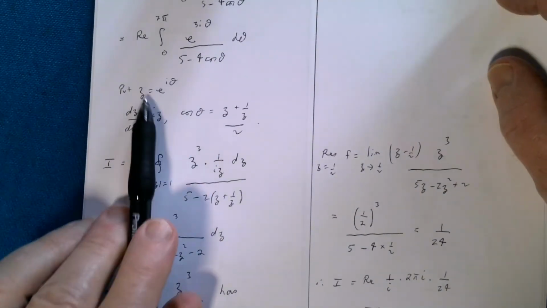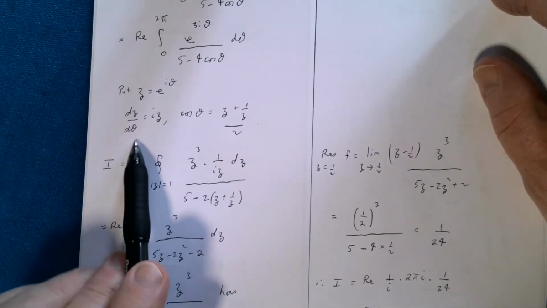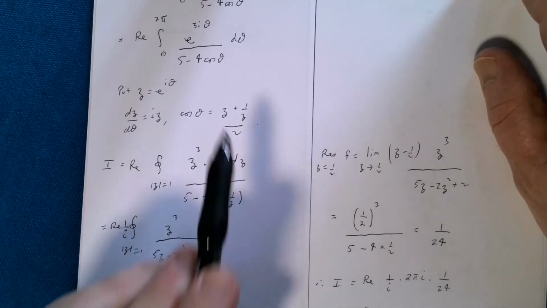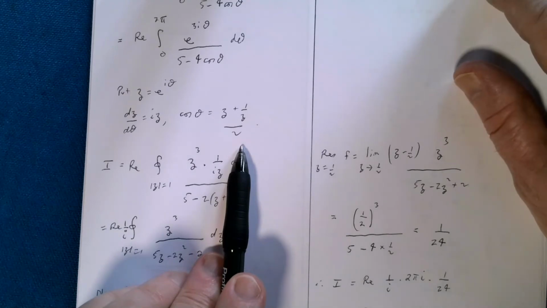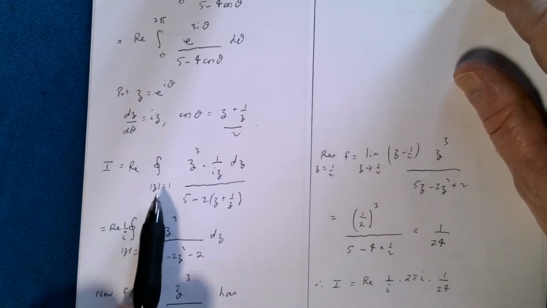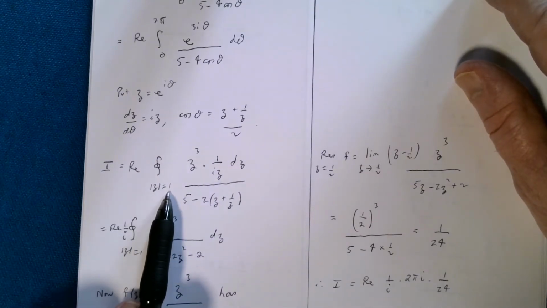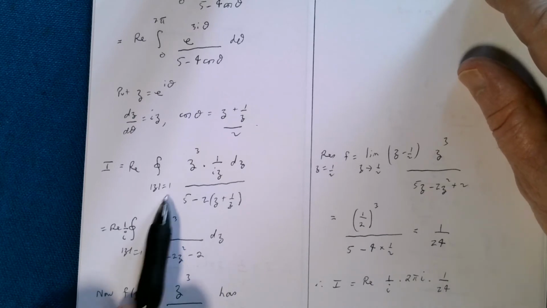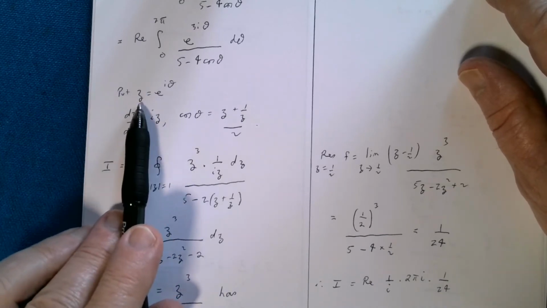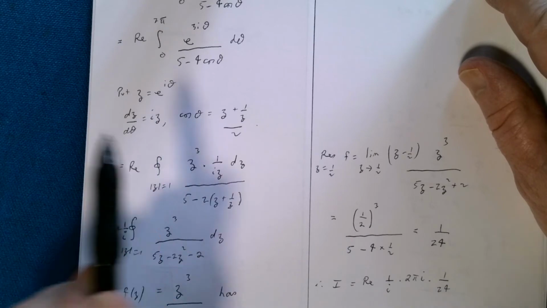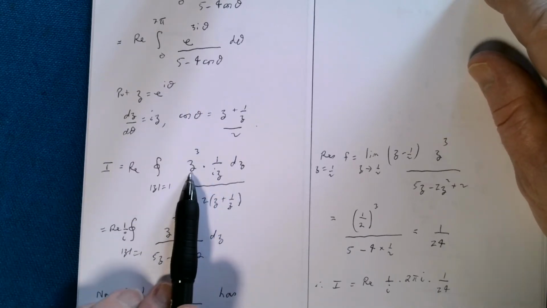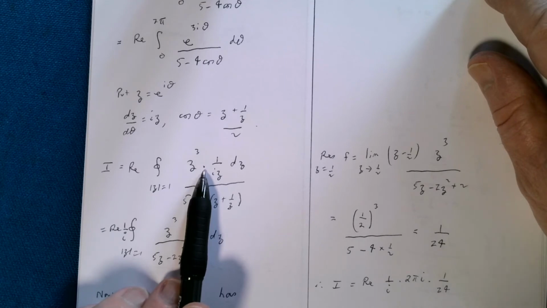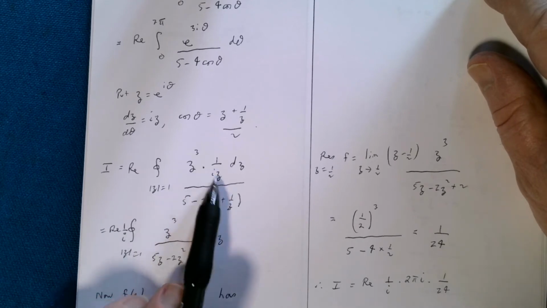So we do the usual thing. We put z as e to the i theta, so dz is iz d theta. The cos theta is z plus 1 on z, over 2. I can substitute that all in now, so I get the real part of the integral over mod z equals 1. As theta goes from 0 to 2 pi, this whizzes around the unit circle once. Our e to the 3i theta now becomes z cubed, and d theta is 1 over iz dz.